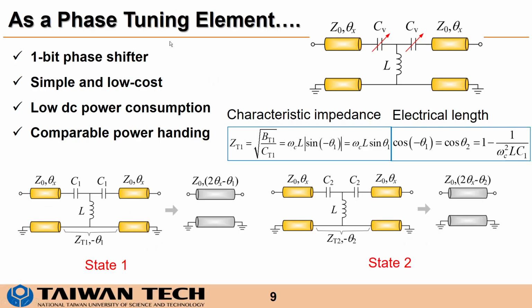And about the phase tuning element, the working principle of this structure is just the same as we have with the switch, in that the capacitor value is controlled by the varactor voltage.